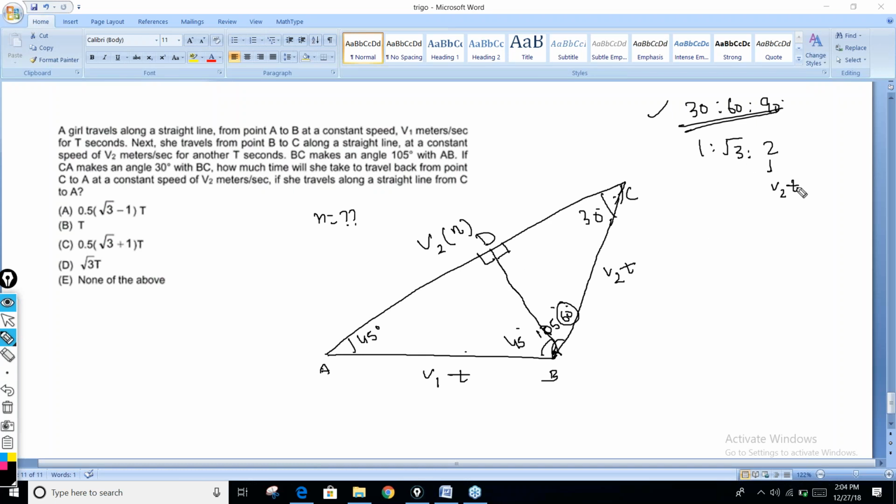So the side in front of 30 is v2t upon 2, that is half of v2t. But we need this side, in front of 60, which will be v2t upon half into root 3. That is the side DC.